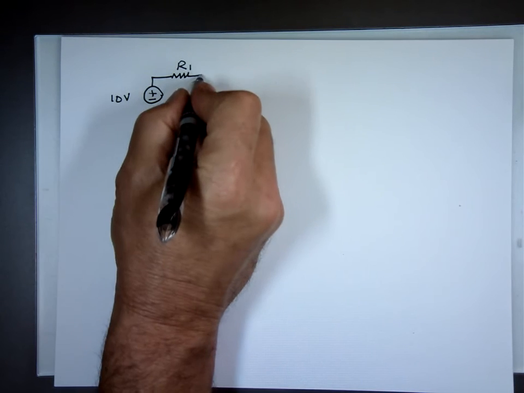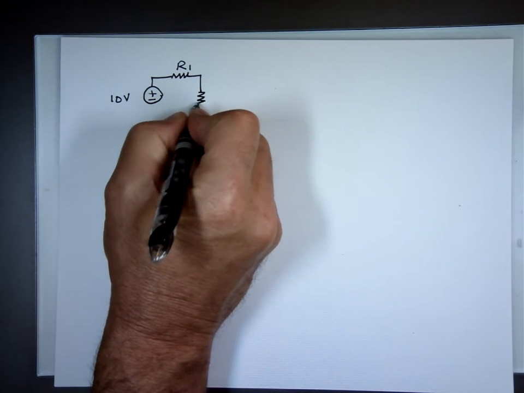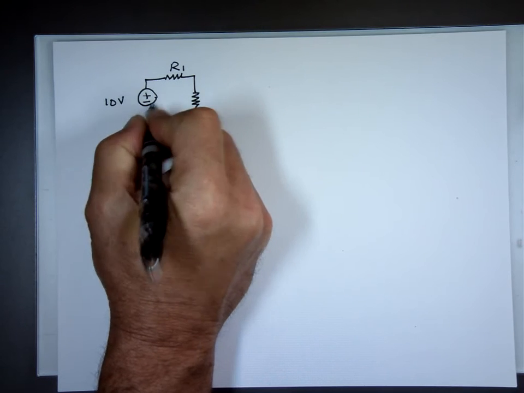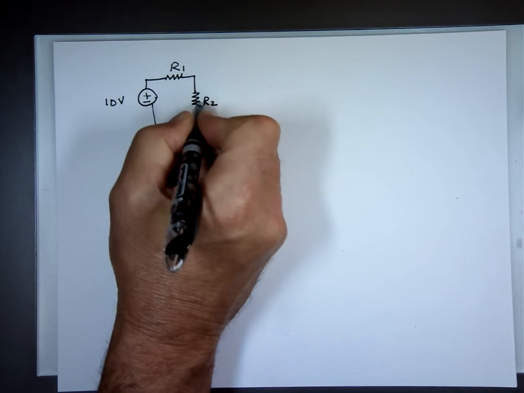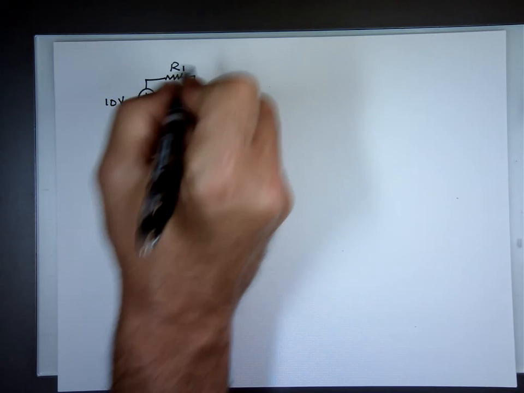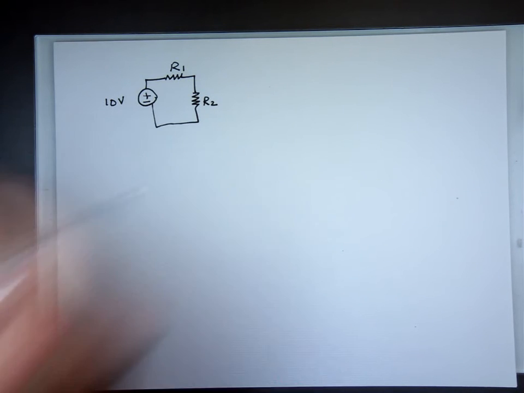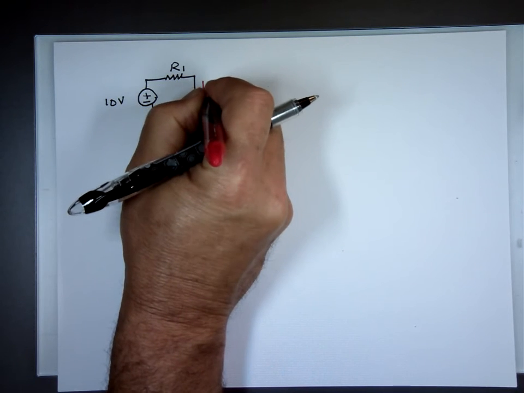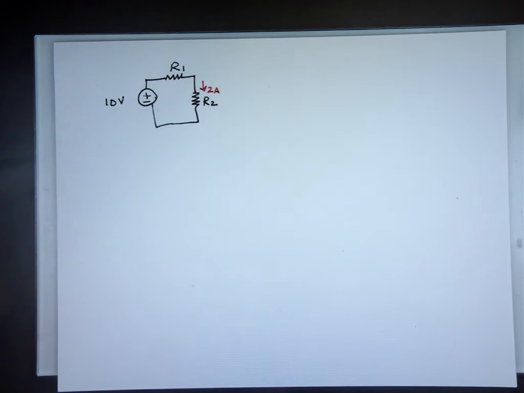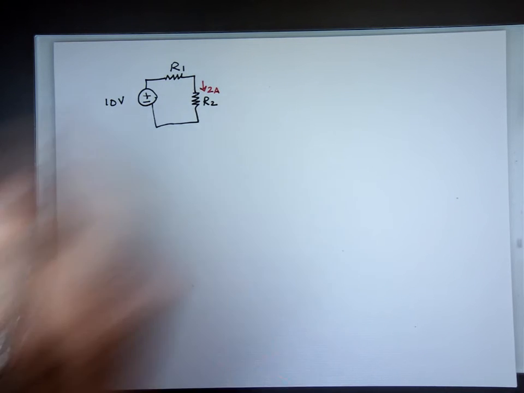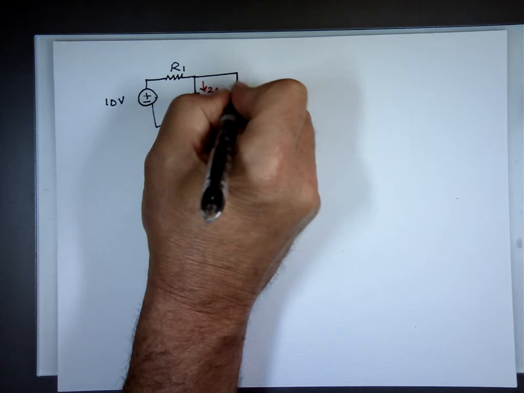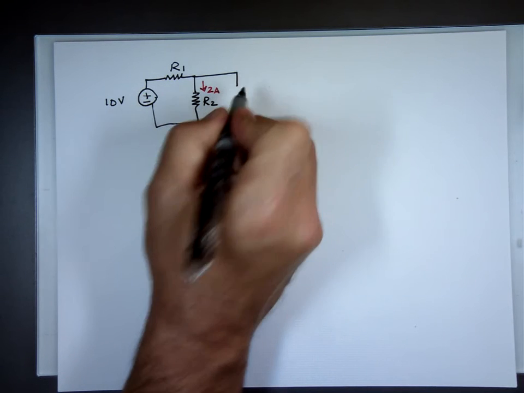We have a resistor on the side here called R sub 2. All I know, there's a current coming down through R sub 2 here of 2 amps. That was given to me in the problem. We have another resistor here, R sub 3.